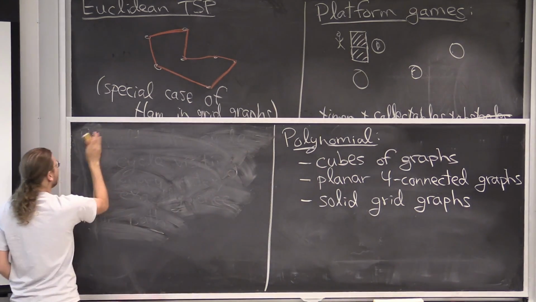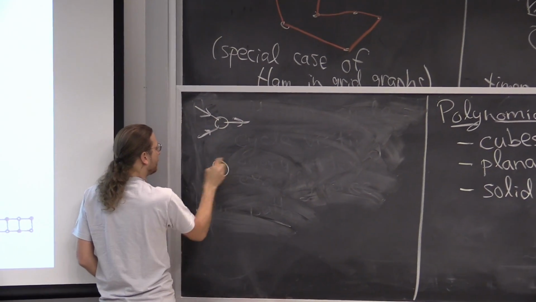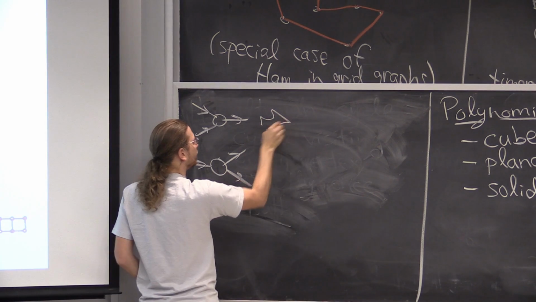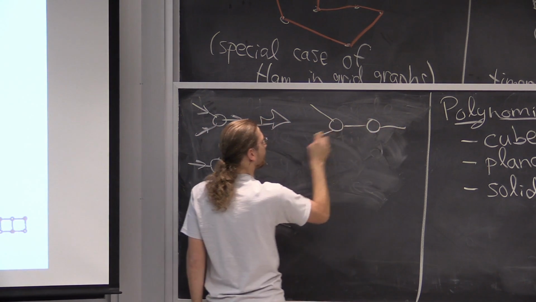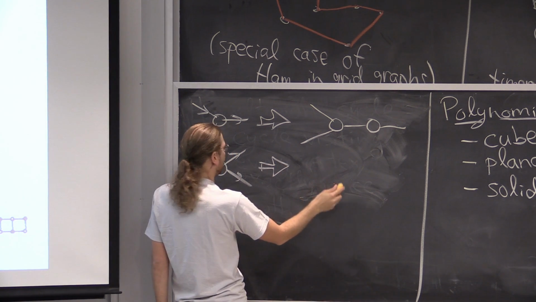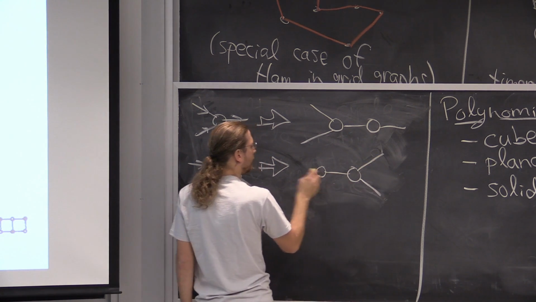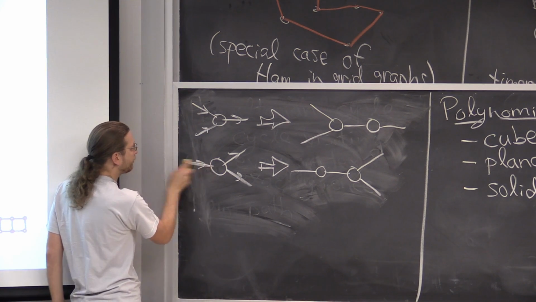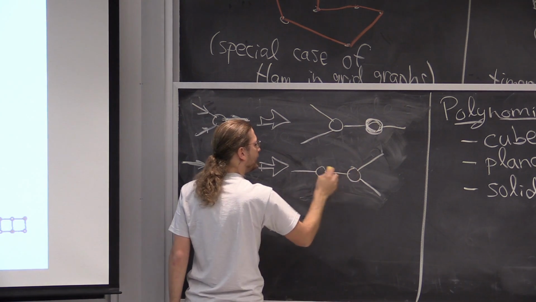If you follow through the chain of reductions, we had this case, and we had this case, and this one we converted into that, and this one we converted into that, I think. Yep, because this was a forced edge, and so we added a dot to represent that.